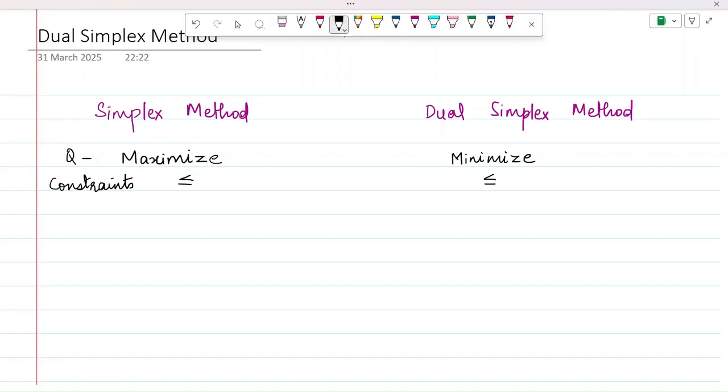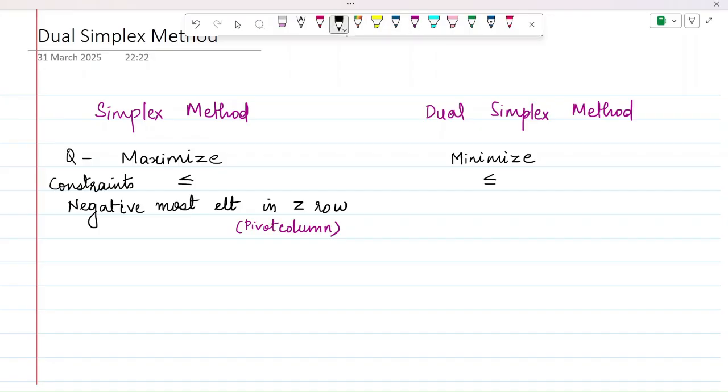Okay. In the simplex method, we used to look for the negative most element in the Z row of the simplex table. And this would give you the key column or the pivot column.